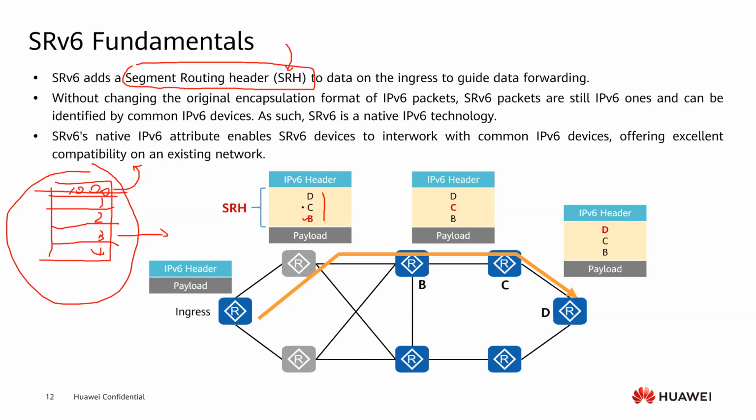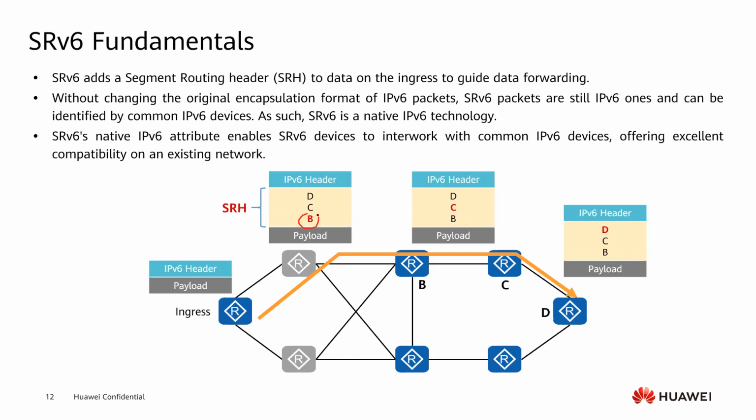like B, C, D. When I do the forwarding, for example from the ingress to B, I will use B as the destination. When it reaches B, the header will move to C, and it will give it to C. Then when C receives it, the next stop will move to D. So for the whole path from ingress to egress, the length of the SRH will not change for most of the time.